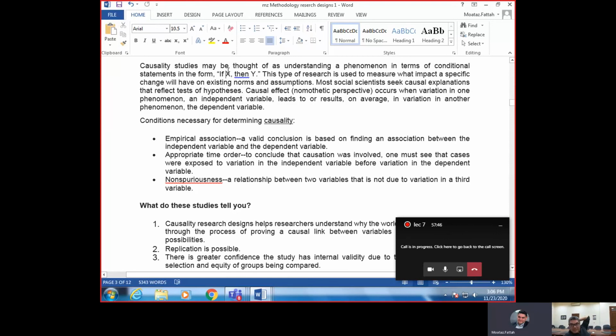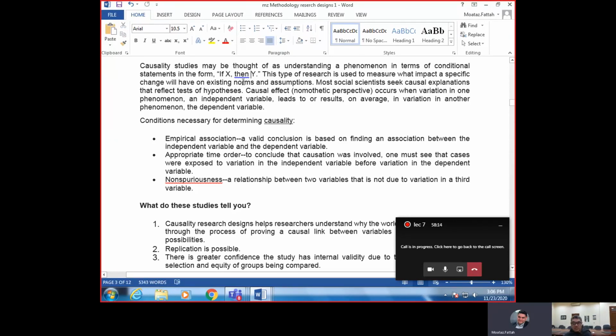So a stronger middle class really leads to more demands for democracy. But you need to tell me that this independent variable, which is a larger, stronger middle class, is not because of globalization that led to both X and Y, which is a larger middle class and more demands for democracy.